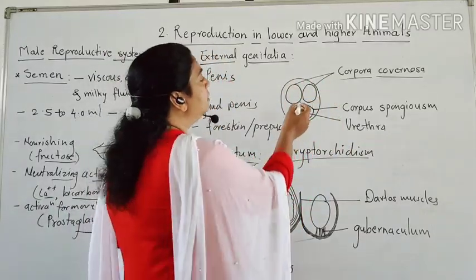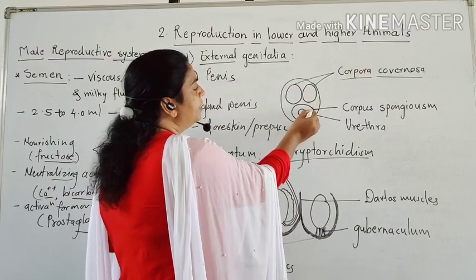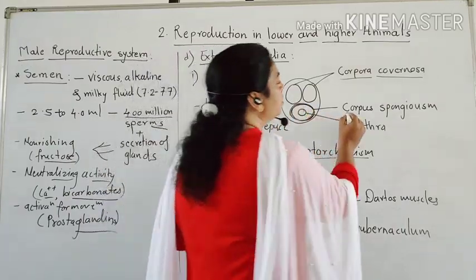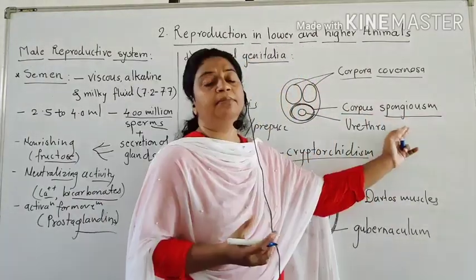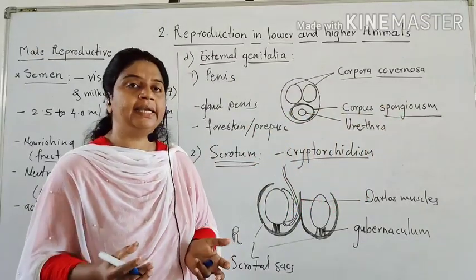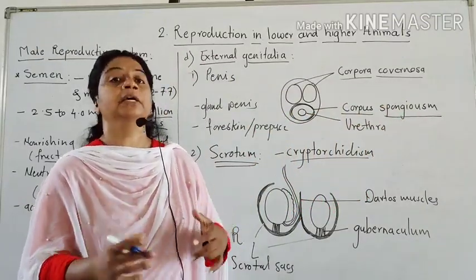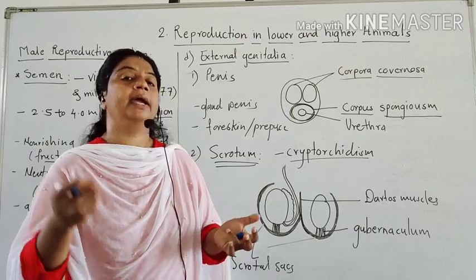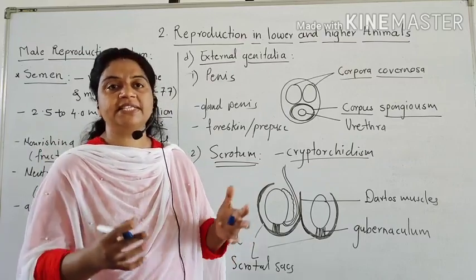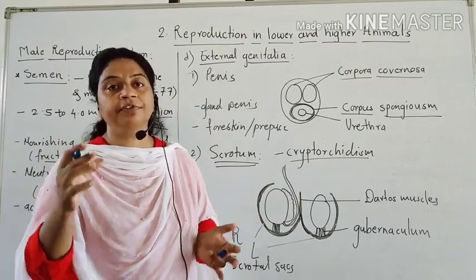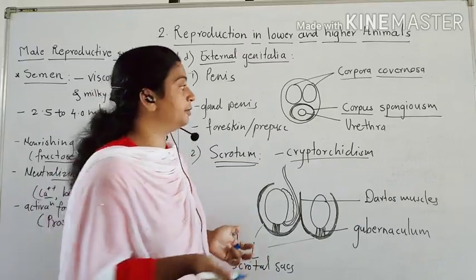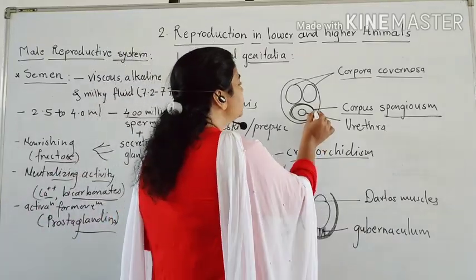On the anterior side there is another bundle called corpus spongiosum, which is also made up of erectile tissue, highly vascular and filled with blood. These spaces fill with blood and the penis becomes erect.